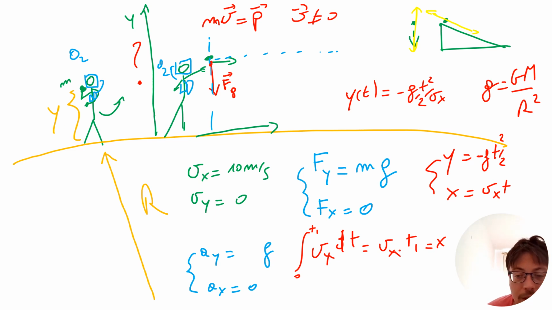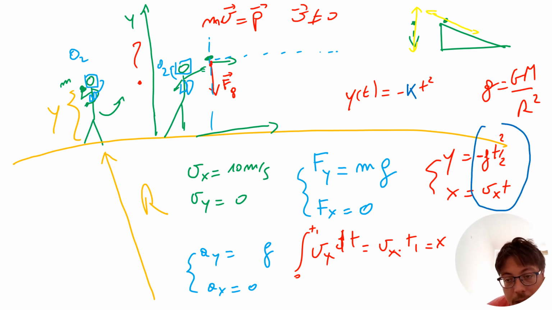We wouldn't need to change the variable here, but basically what I'm saying is that we can bunch all the constants, the velocity, the 2 and the g, in a constant called k, and the motion in x is t, if you like, and then in y is doing this.